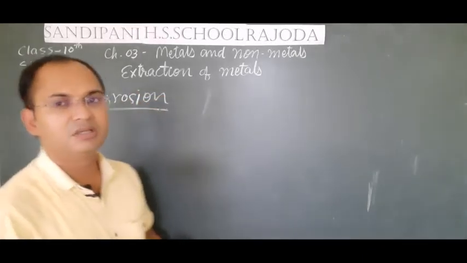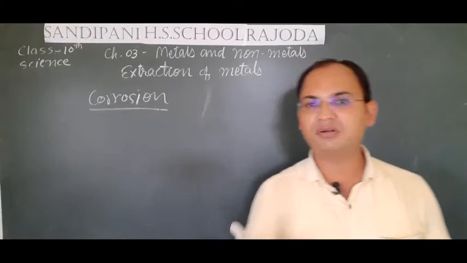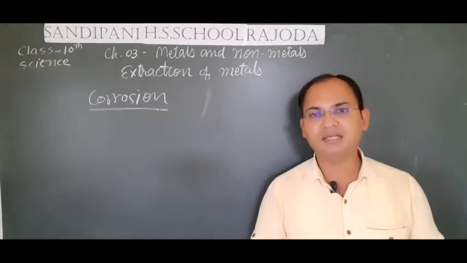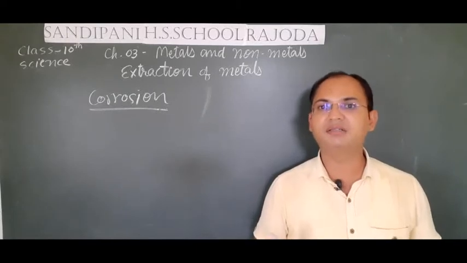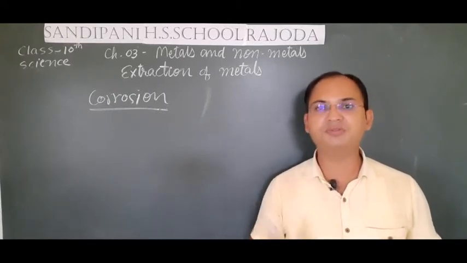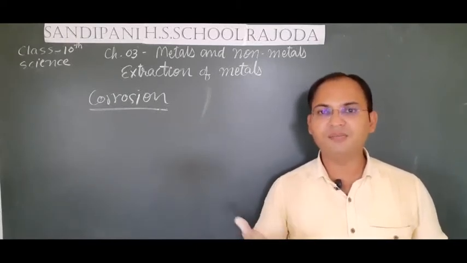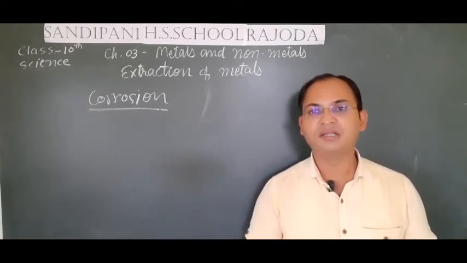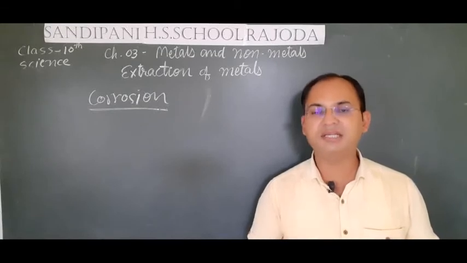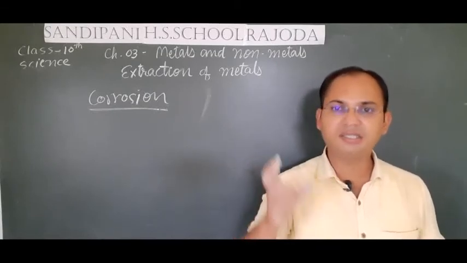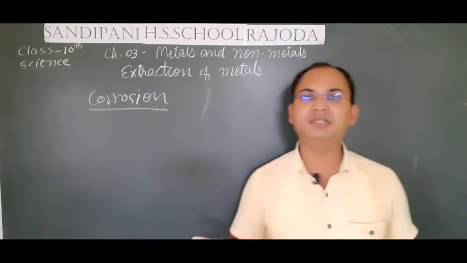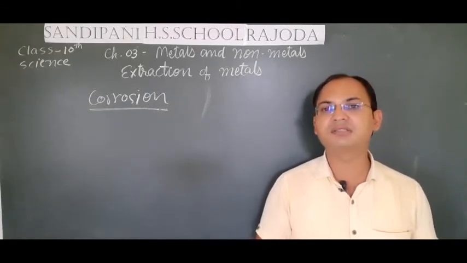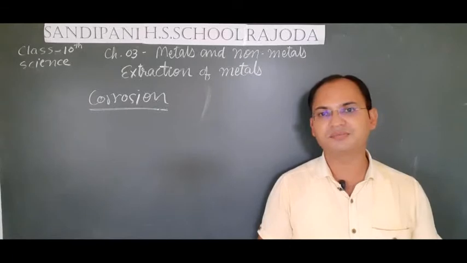You have seen that the silver ornaments we buy from the market are very shining, but whenever they are exposed to the air, they become slightly blackish in color. The reason behind it, students, is that the silver reacts with the sulfur present in minute amounts in the air and makes silver sulfide.